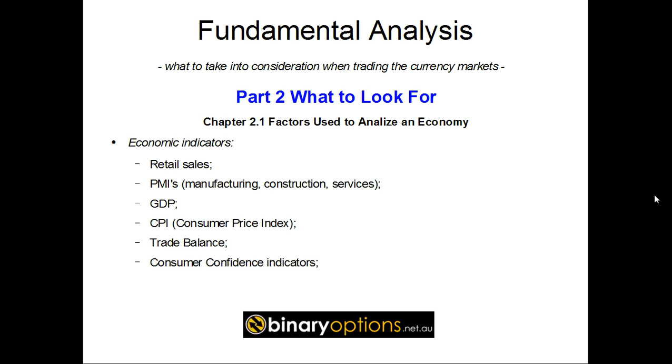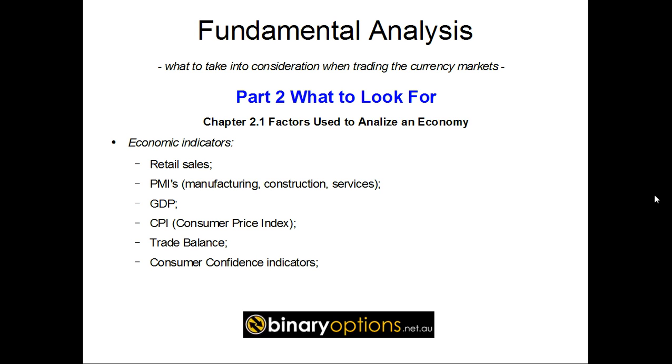Then the GDP is common for all of these economies. CPI, which is the consumer price index, translating into inflation. Trade balance, consumer confidence indicators. Now the consumer confidence indicators differ from country to country, from region to region. In the United States, they are called CB consumer confidence, that is Conference Board consumer confidence, and University of Michigan consumer confidence.